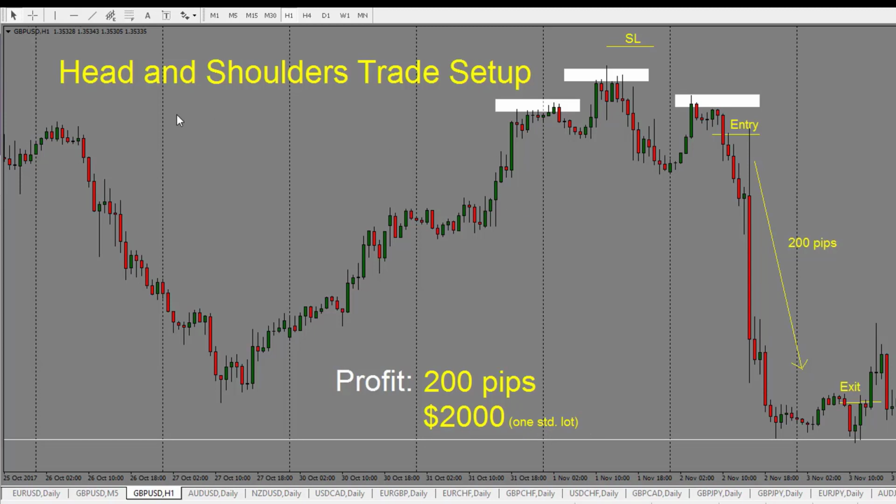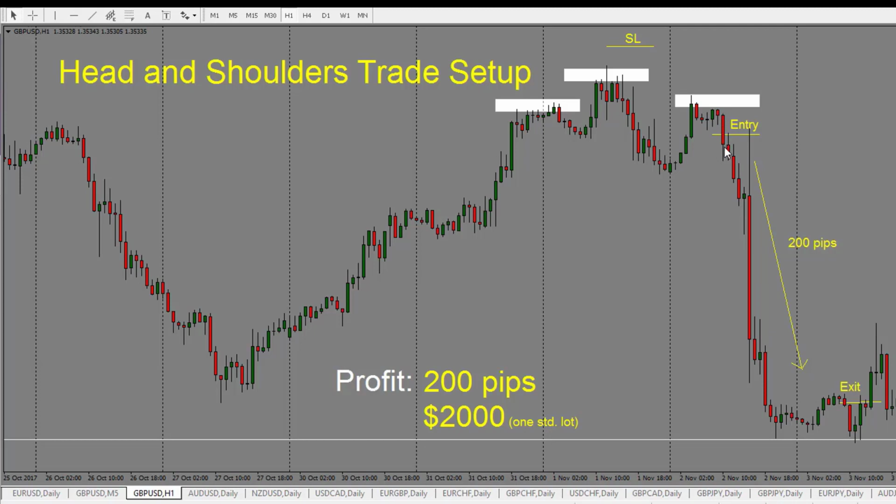Just to recap, this is the head and shoulders trade setup. We have a head in the middle, which is higher than our left shoulder on the left hand side and our right shoulder on the right hand side. Once we see this trade setup, we're looking for a bearish candle close. We want to see a solid bearish candle, which will suggest that the momentum has shifted and sellers are in charge.